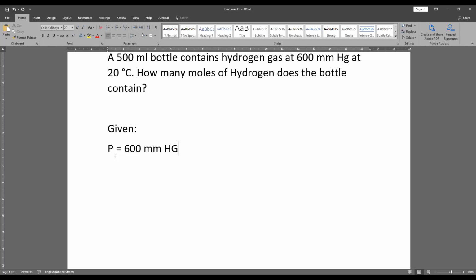So we need to divide this one since we need to express it in ATM, and we're talking about the moles of hydrogen. So we need to divide this with the standard pressure.